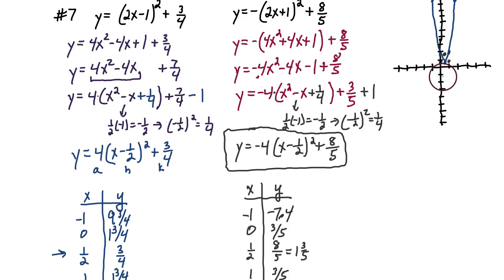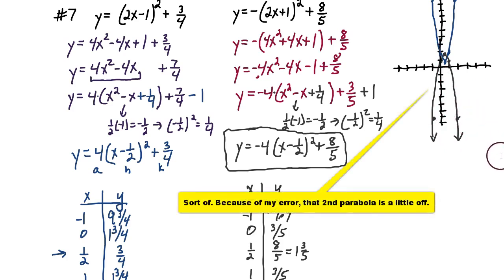Now let's find 2, comma negative 7.4. 1, 2, 3, 4, 5, 6, 7, and an extra 0.4. And then there'll be a dot right here. Connect those together. Here's our two parabolas.